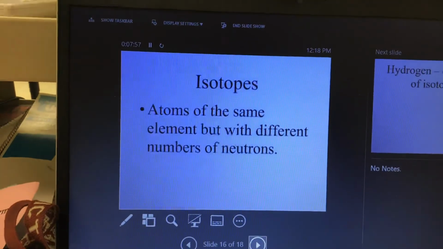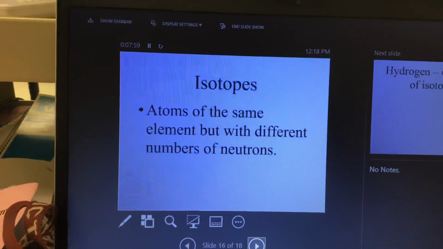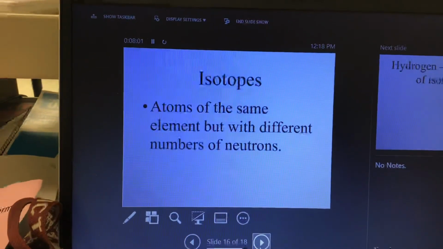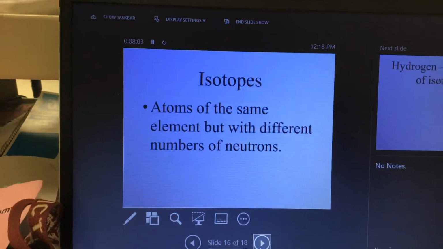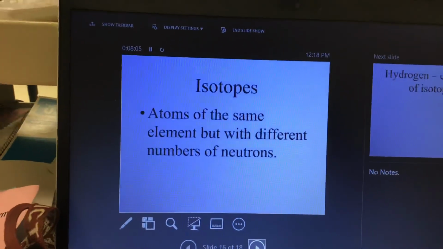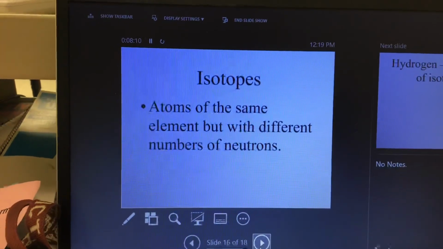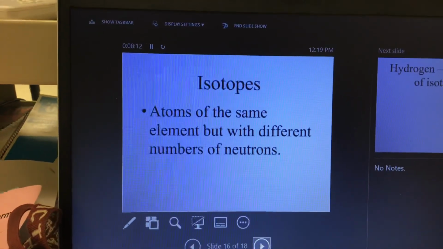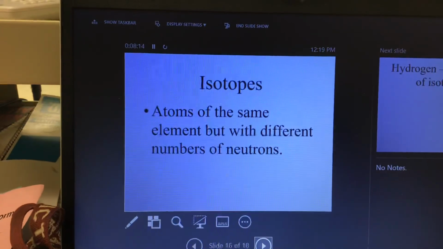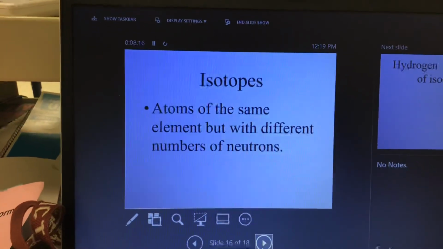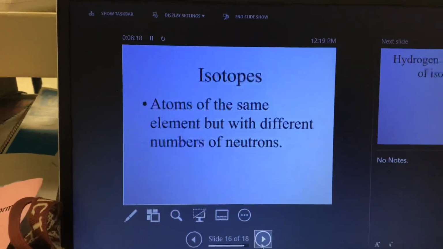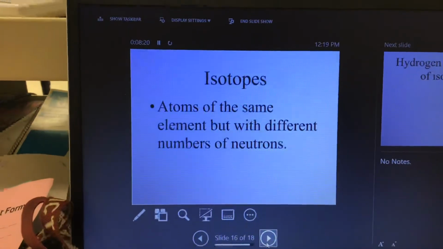Most of them don't have a neutron, but every once in a while there's one that does. Same with helium. Helium has 2 protons and 2 neutrons, almost every atom. But once in a while, there's one with an extra neutron, which brings it up to 4.04. Those are called isotopes, when they don't have the amount of neutrons that they're supposed to have.